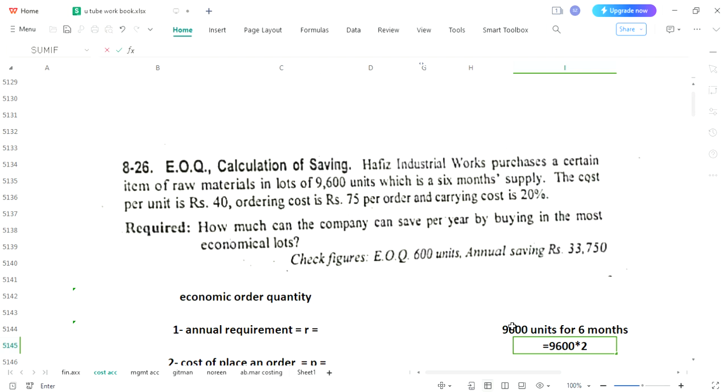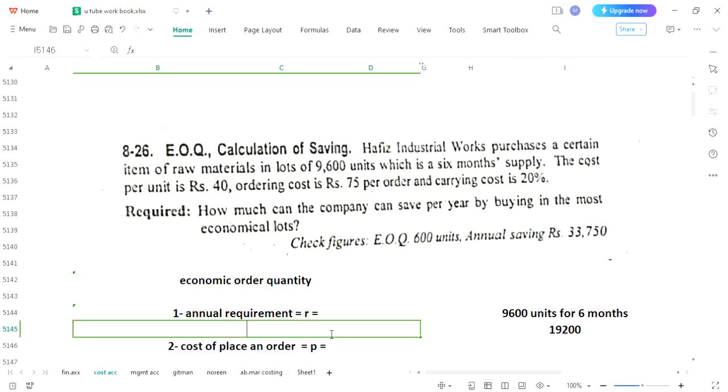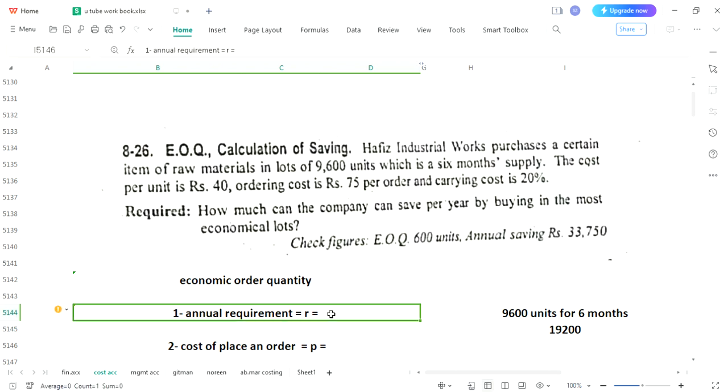So in this way you will get your annual requirement. Kindly keep it in mind. So here you will put your annual requirement, which you have just calculated. Here 9600 was for 6 months. You have doubled it for the full year. Now you have your annual requirement, 19,200.